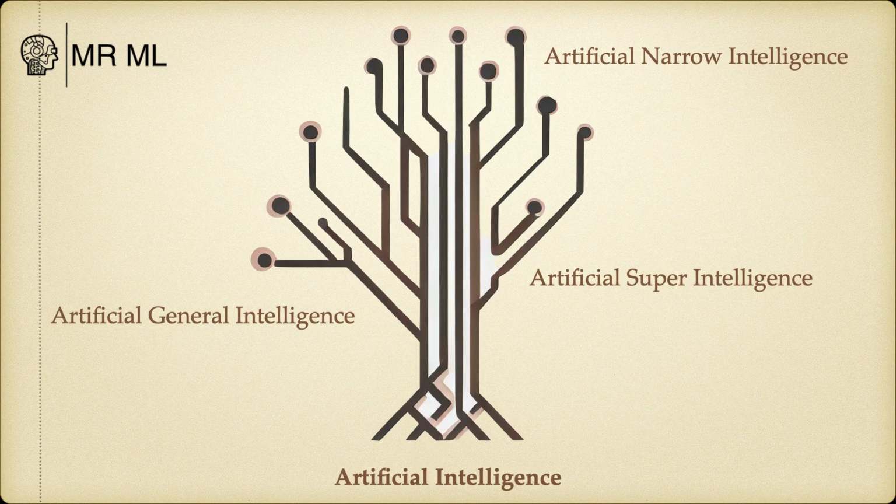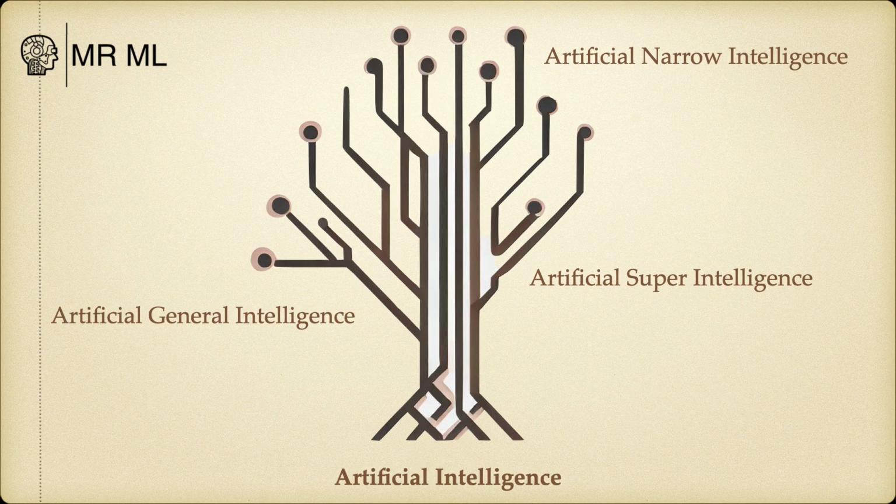On one hand, you have artificial narrow intelligence. Then you also have artificial general intelligence, artificial superintelligence, right? So the reality is that most of the advances we are seeing in AI lately, or in general, is on narrow intelligence.